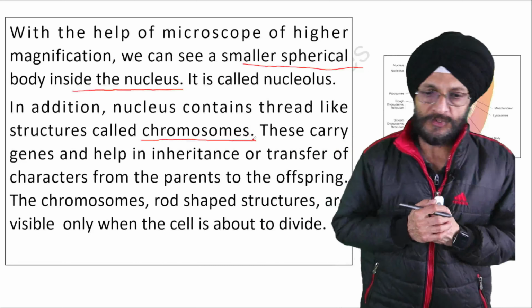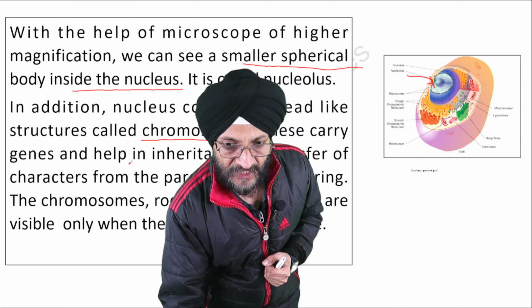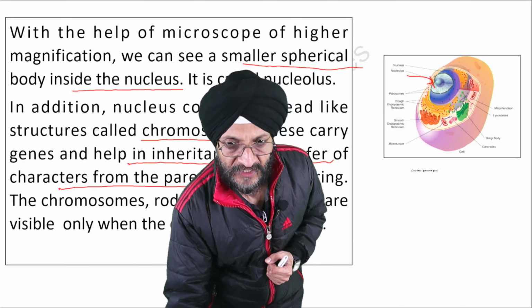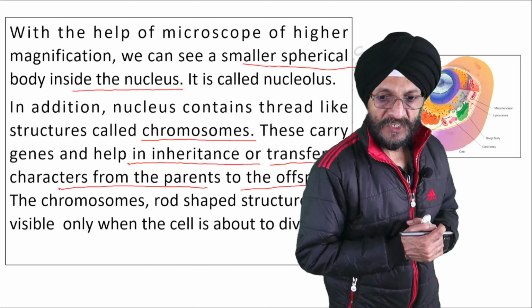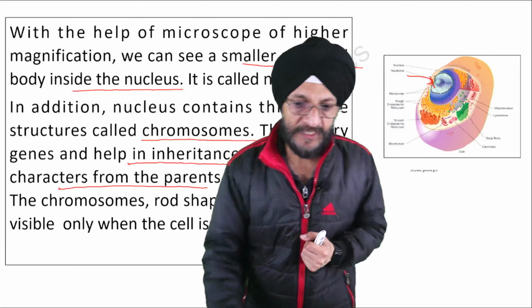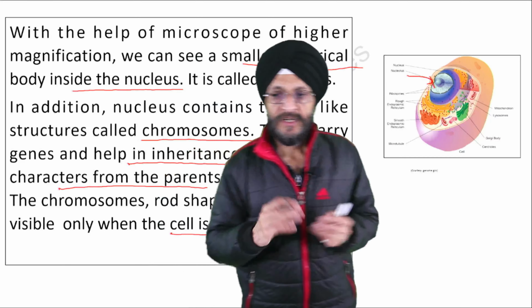What is the purpose of chromosomes? These carry genes and help in inheritance, or transfer of characters from parents to the offspring. The chromosomes are rod-shaped structures and are visible only when the cell is about to divide.